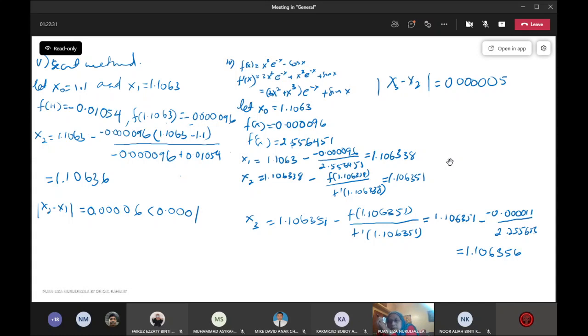We still need which method? X3 secant. Actually, you can just stop at x2, which is 1.10636. We can accept that because you only want up to 4 decimal places.